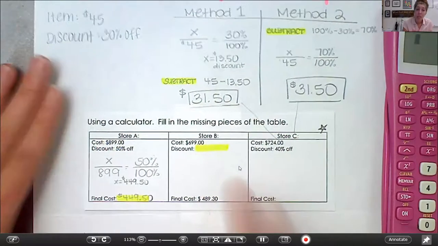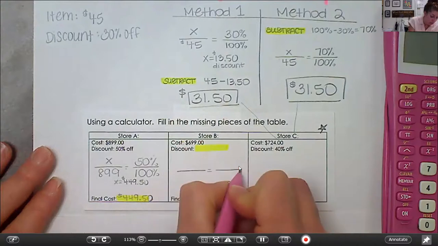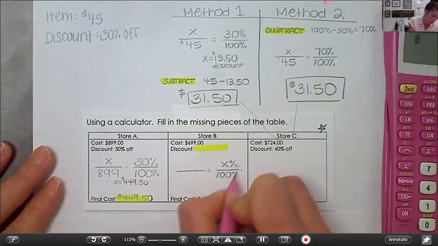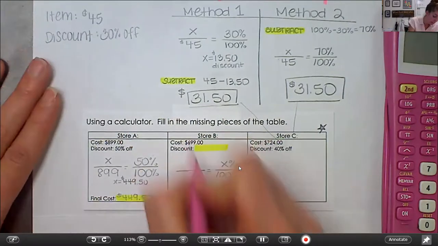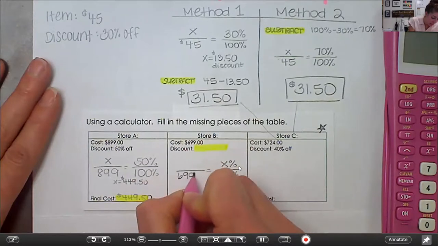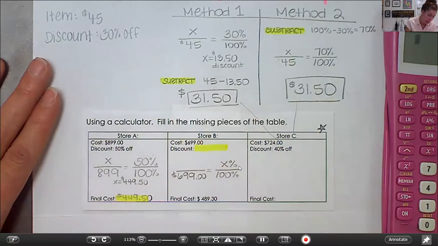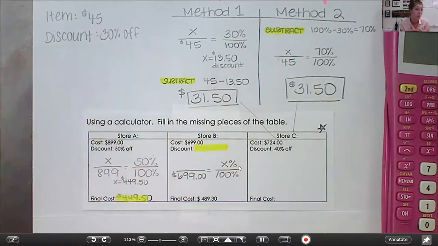All right, so now a little bit different when we're trying to find the discount, right? We don't know the percent off this time. So the percent is what's missing. The original cost was $699. I can put 0 cents, not necessary, but now here I need to put the change in the amount. Like what didn't I have to pay, right, is the question.